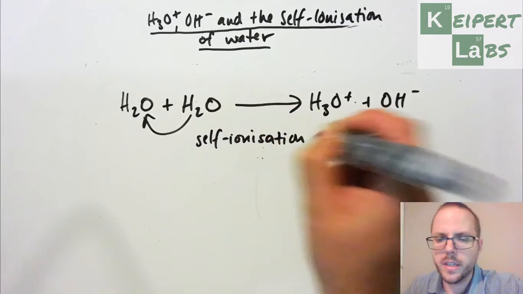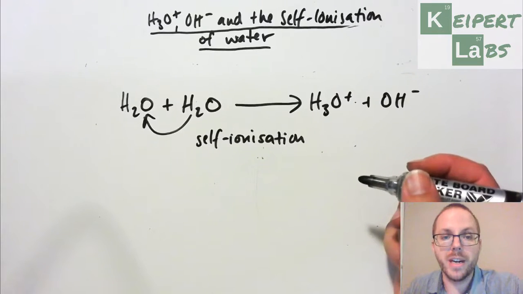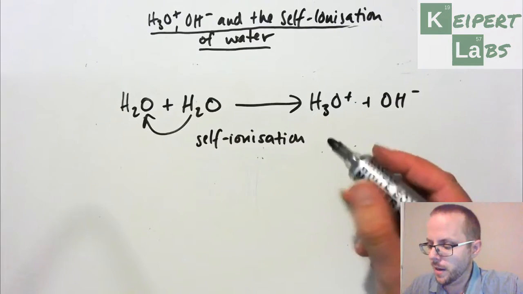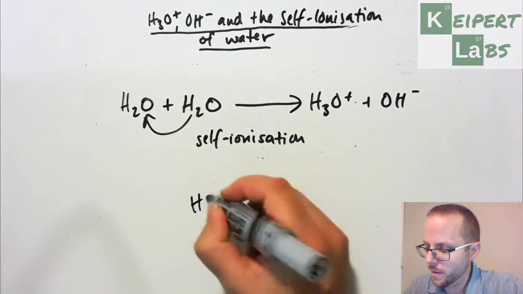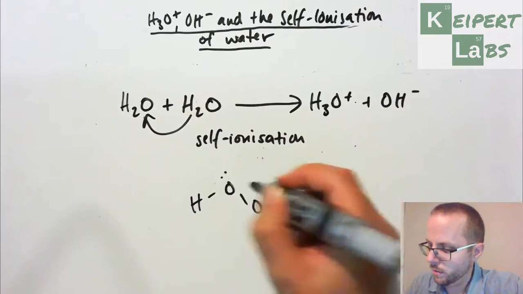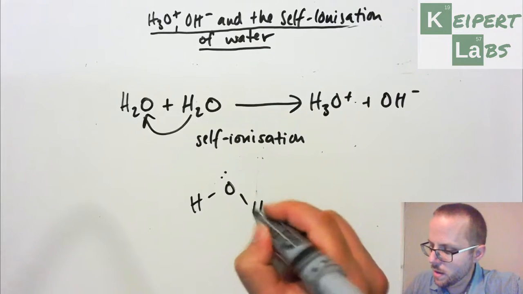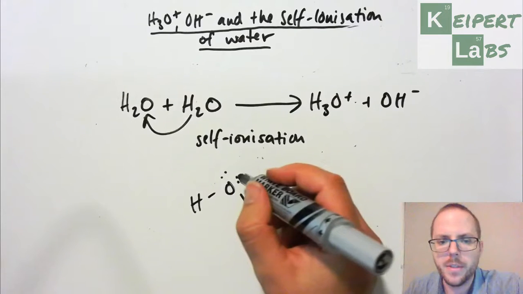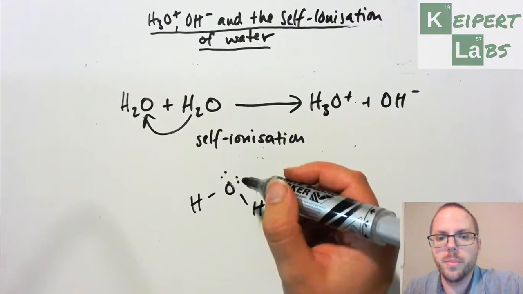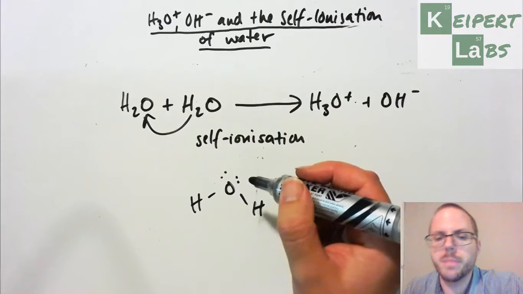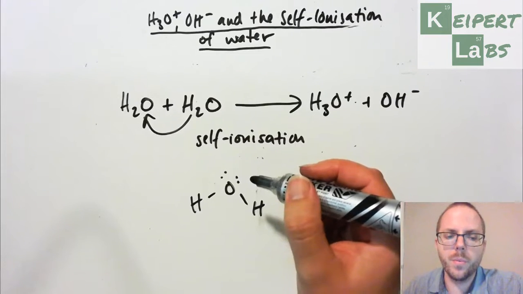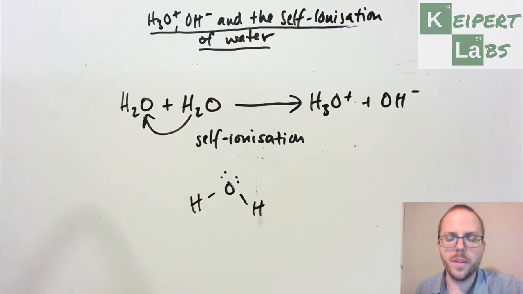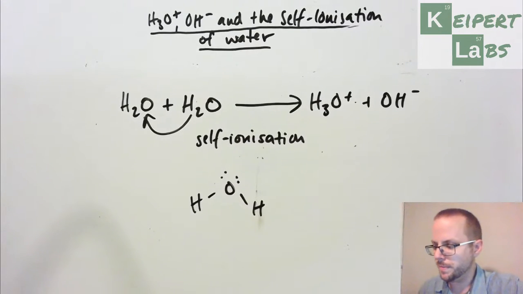That is, it's actually able to become ionized by interacting with other particles of itself. That partly comes back to the structure we looked at: our oxygen has these lone pairs of electrons, and if a hydrogen happens to be attracted strongly enough to one of those lone pairs, it can actually be pulled off to attach onto that to make a hydronium, leaving behind this relatively stable hydroxide ion.